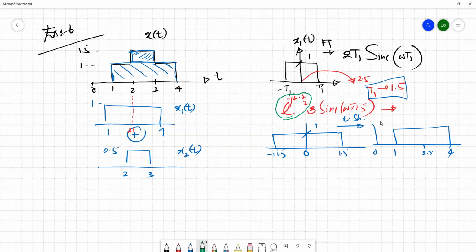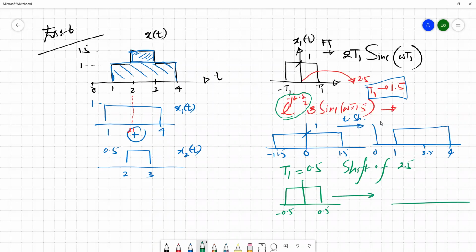Similarly you can apply it here as well. In this case, you can substitute t1 as 0.5 and again add the same shift of 2.5. Initially it would be like this, 0.5 and minus 0.5. Then add the shift, it moves to 2.5, this is like 3, this is 2.